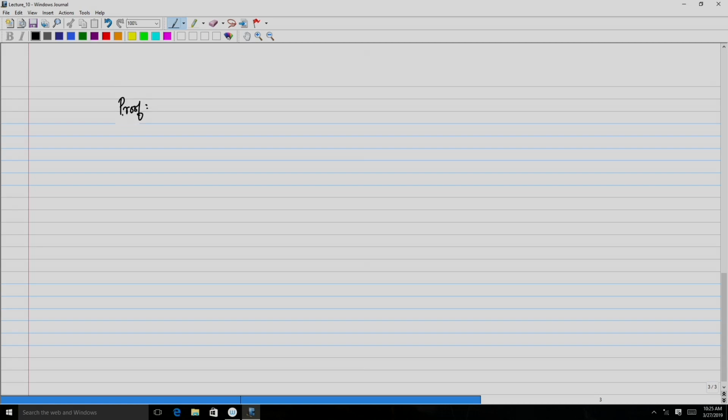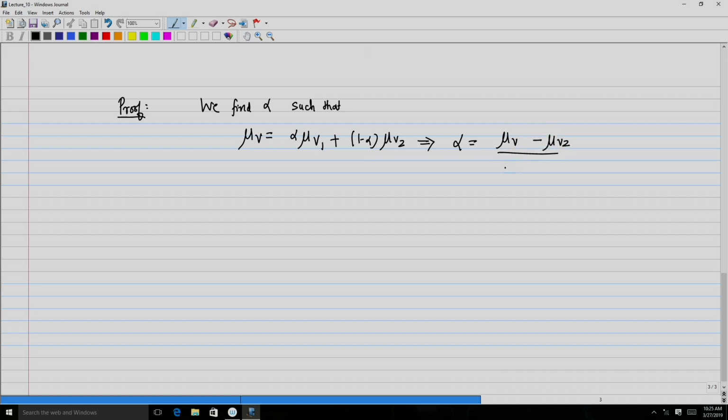So, the proof goes as follows. First of all, we find alpha such that mu v is going to be equal to a linear combination of mu v1 and mu v2, which gives you alpha is equal to mu v minus mu v2 divided by mu v1 minus mu v2, and recall that this will exist because mu v1 is not equal to mu v2.